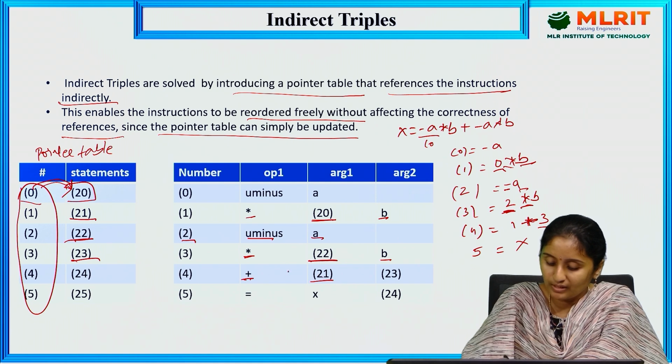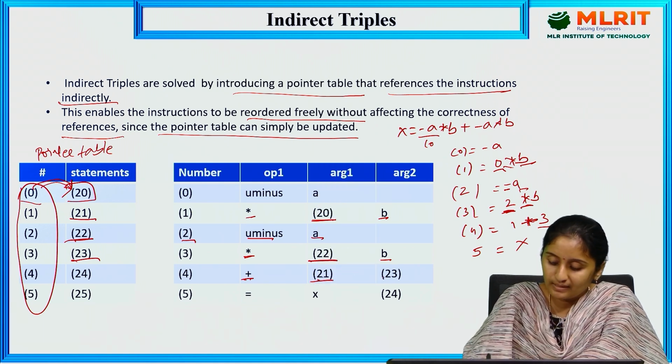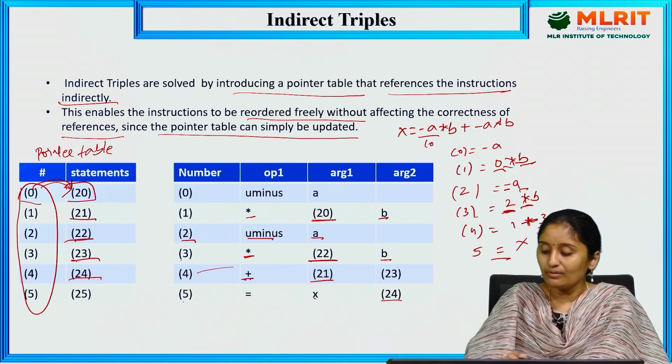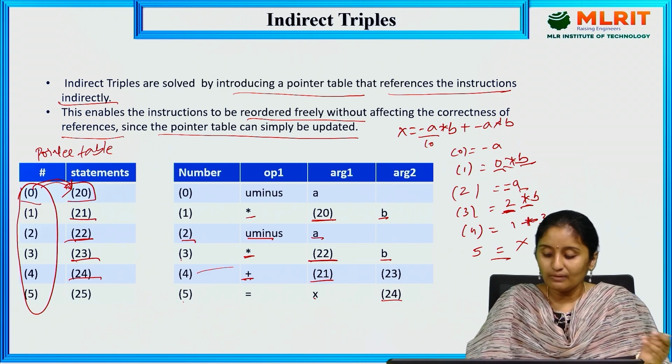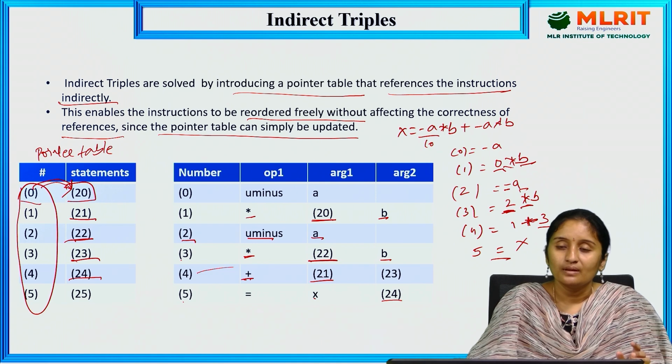So 21 plus 23. 21 is nothing but the 1 index, and 23 is nothing but the third index. Next, I am having 5. 5 is equal to x, and it is stored at which address? Address 24. So the whole thing we are going to assign over here. So this is nothing but the indirect triples.